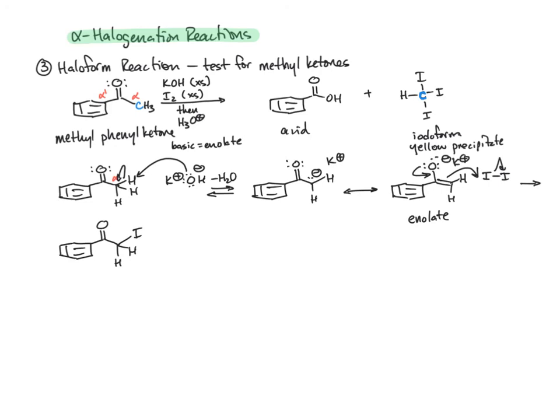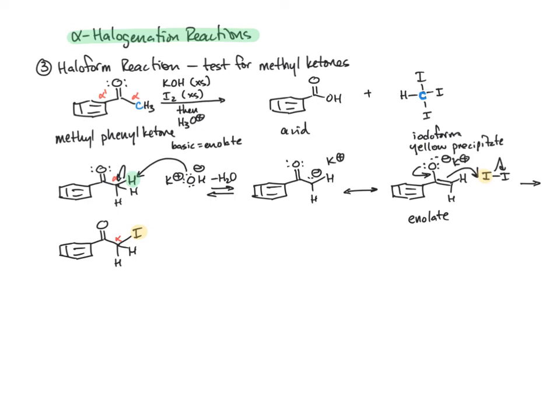So again, let me highlight that's the substitution that we have just shown to take place, H for I. Now what this does is, by substituting that halogen there, we've now increased the acidity of the remaining 2 CH bonds.